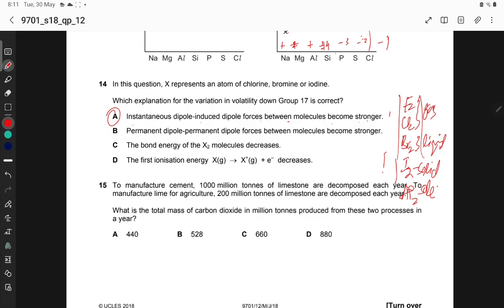Permanent dipole forces are not present between the halogen molecules, so this is incorrect. The bond energy of the X2 molecule decreases.